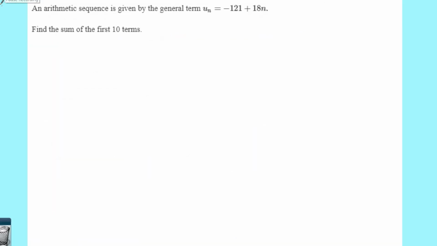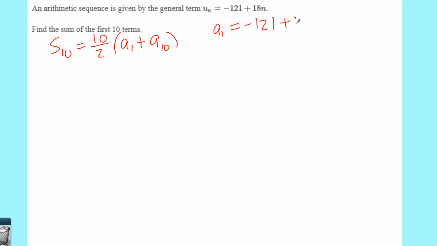All right, so the next problem is an arithmetic sequence given by the general term. Find the sum of the first 10 terms. So the sum of the first 10 terms would just be 10 over 2 times the first term plus the 10th term. So let's find out what those are. The first term is negative 121 plus 18 times 1.